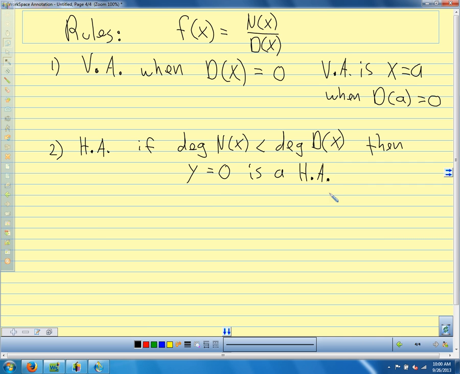So if the degree of the numerator is smaller, then we get y equals 0 as a horizontal asymptote. Y equals 0 is the x-axis.